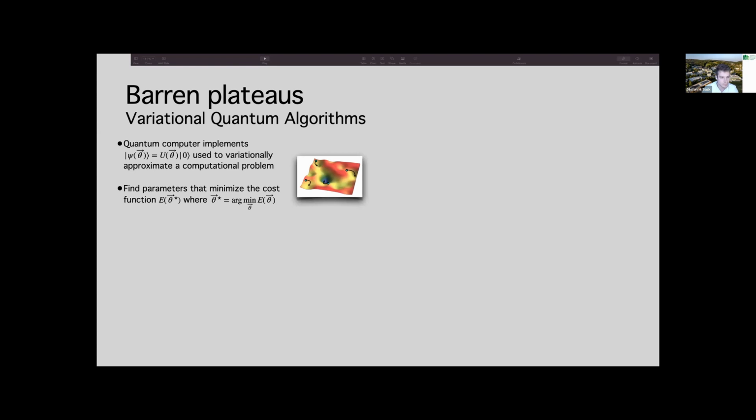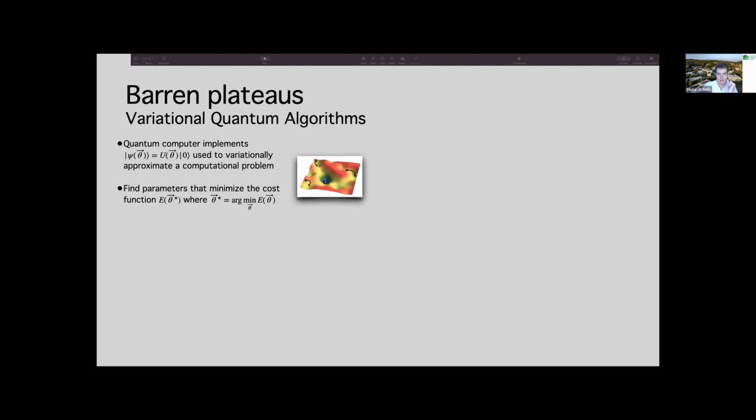And so what you do is that you have a cost function which encodes the computational problem. And the goal is to find parameters that minimize this cost function. So essentially you're in some high dimensional parameter space and you're trying to find a low energy solution.